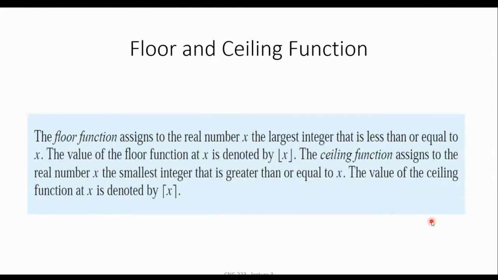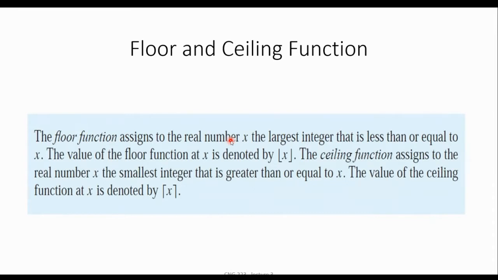Now let's talk about floor and ceiling functions. We show them by these two notations. Whenever you use them, it means that you may have some decimal points in your numbers, but you are interested in integers, not decimal points. Sometimes you may decide to use the floor function, sometimes the ceiling.